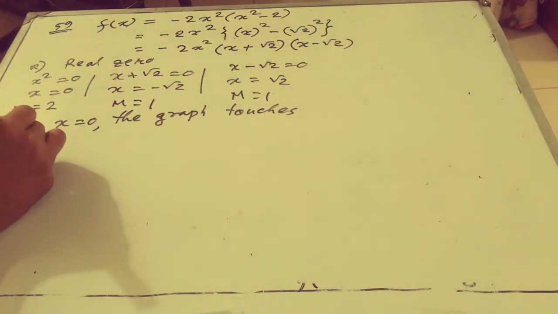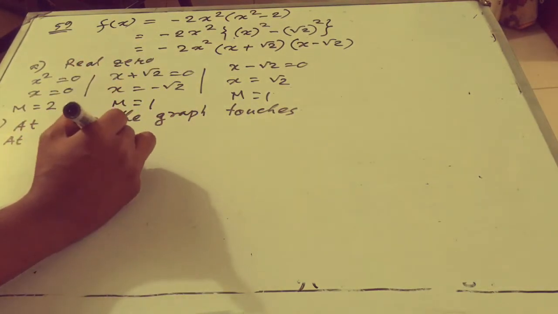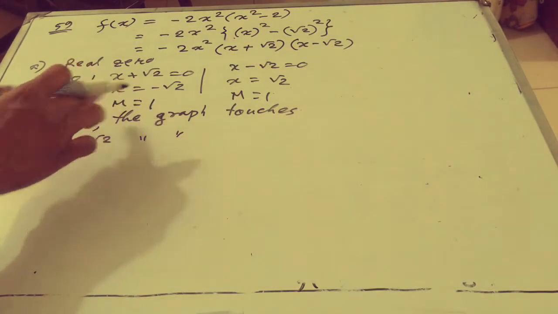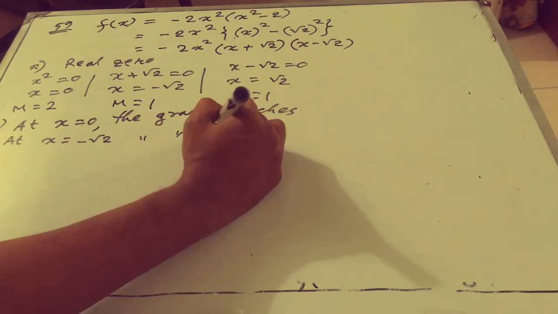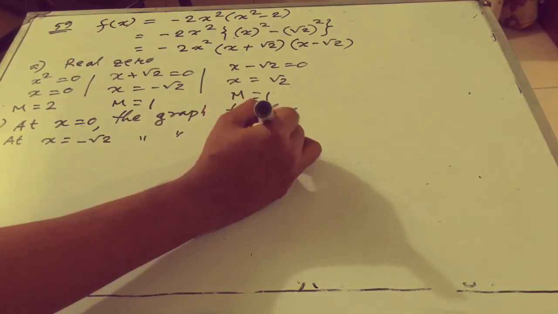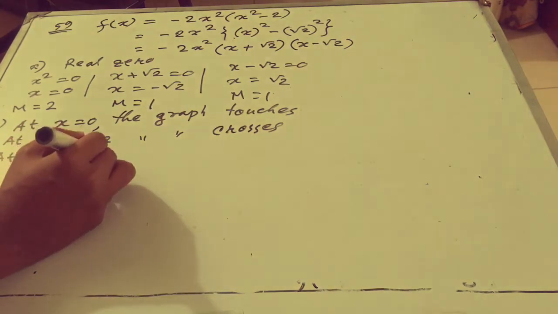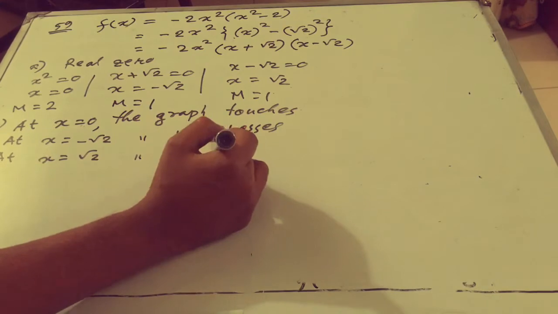Then at x equals minus root 2, the multiplicity is 1. 1 is an odd number, and for odd multiplicity the graph crosses. Then at x equals root 2, the multiplicity is also 1, so the graph will cross here.